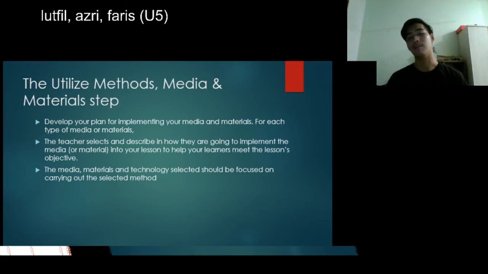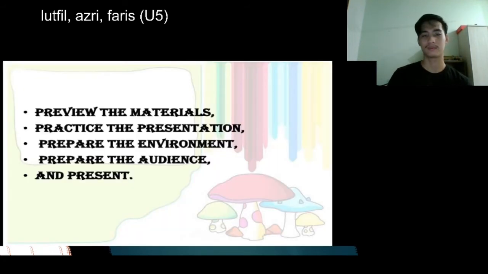Means that the media or materials of the technology need to be suitable for the method, because actually the teacher should utilize the method, media, and materials to make the learning more effective. Some of the steps are review the materials, practice the presentation, prepare the environment, prepare the audience, and present.